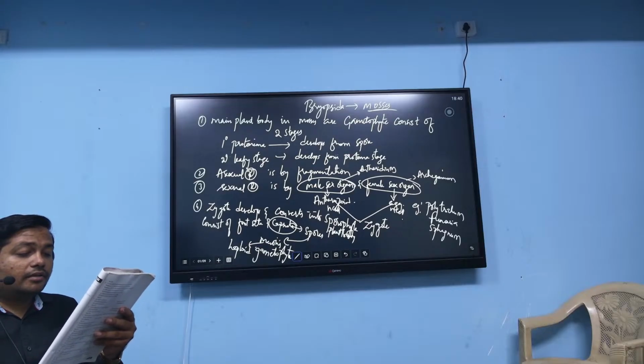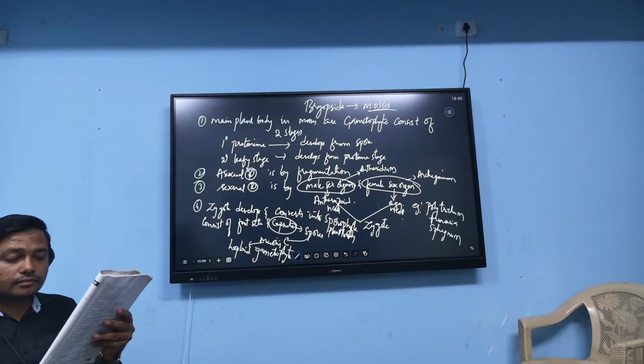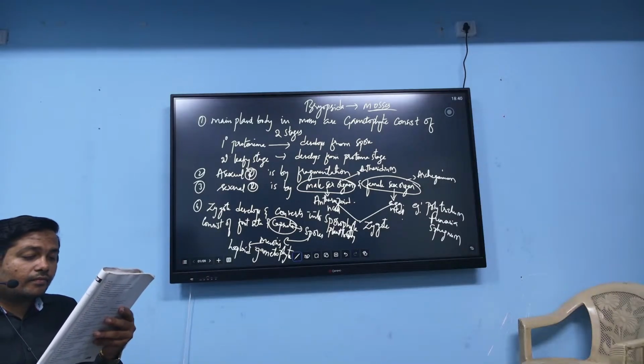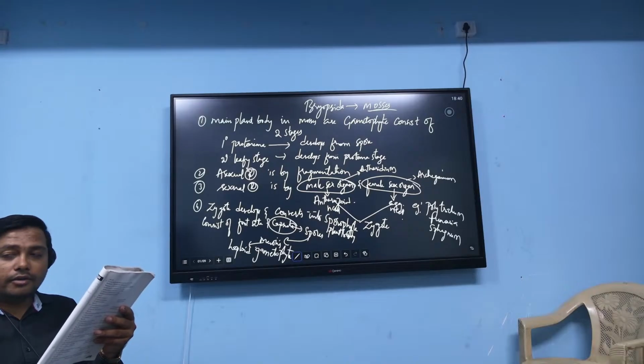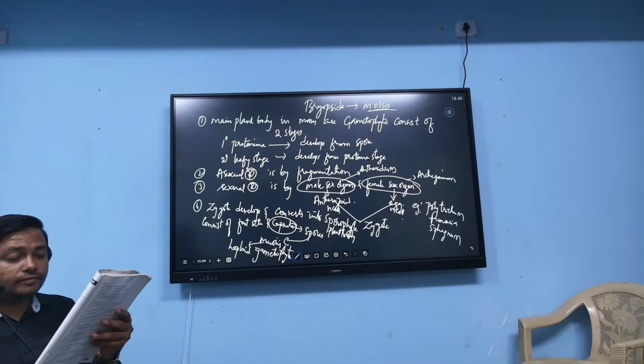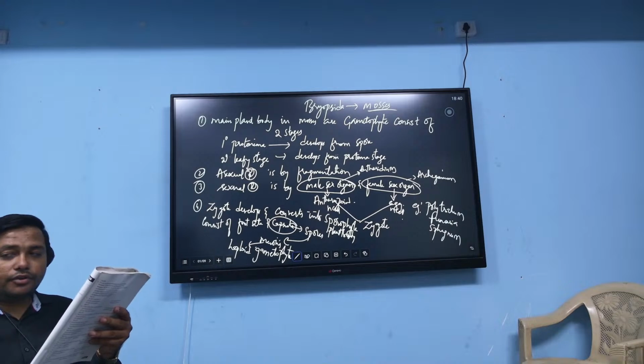Option A, thallus like plant body, presence of roots and autotrophic nutrition.